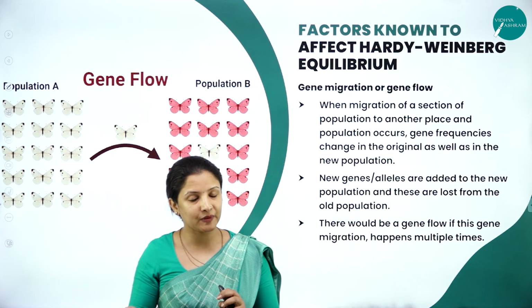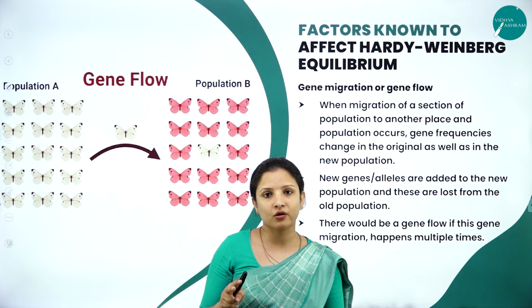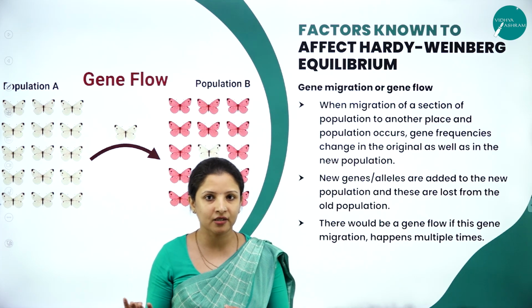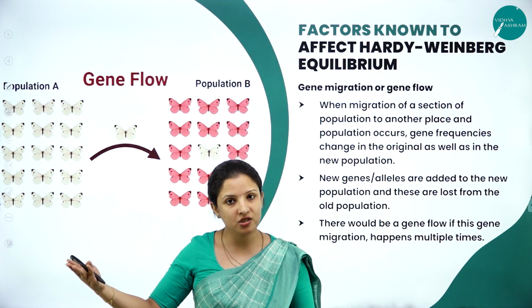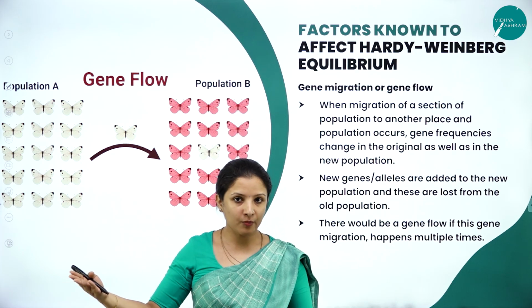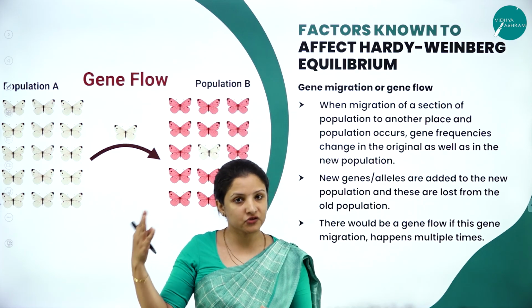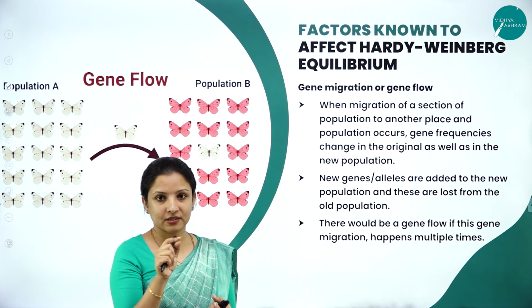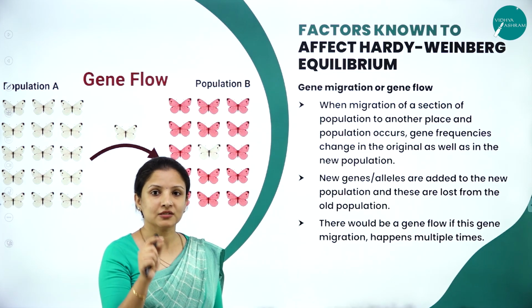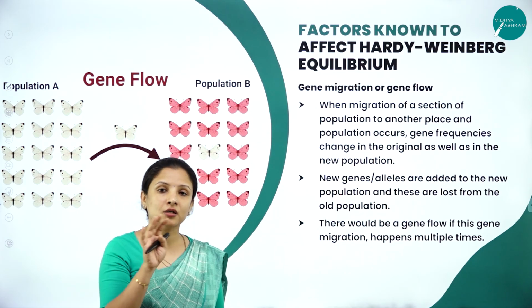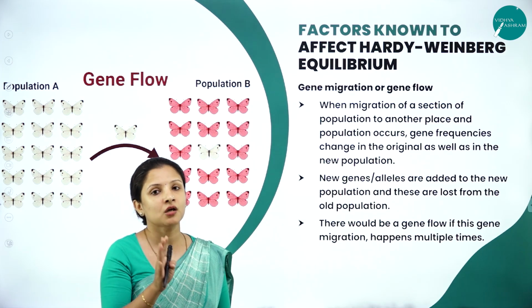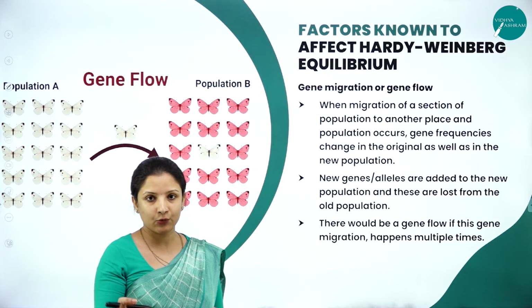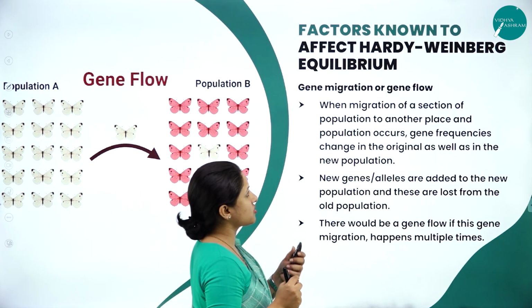Though they are of the same species, there will be slight variation in the organisms depending on the habitat, right? So therefore a new generation of progeny can be formed there, which have a different set of genes than the actual parents. So that is one of such factors that affects the Hardy-Weinberg's principle, wherein it can alter or bring a hindrance to the consistency of Hardy-Weinberg's principle. So gene migration or gene flow.